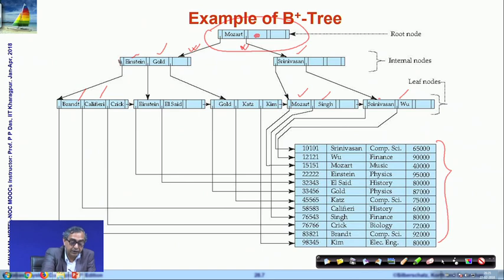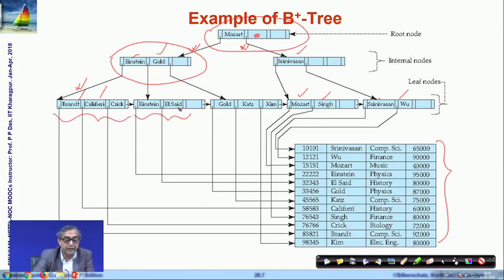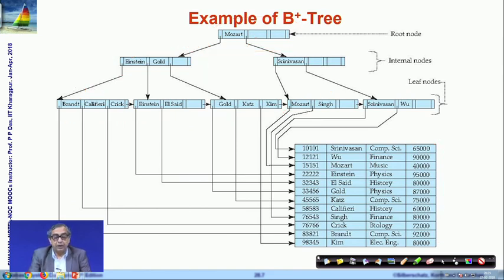Now, if I look at the next level node, this link has values which are less than Einstein, as you can see. This has values which are between Einstein and Gold, and this has values which are more than Gold. Though all nodes are shown to be of the same type, as we had mentioned at the end of the 2, 3, 4 tree discussion, they have a variable number of entries.